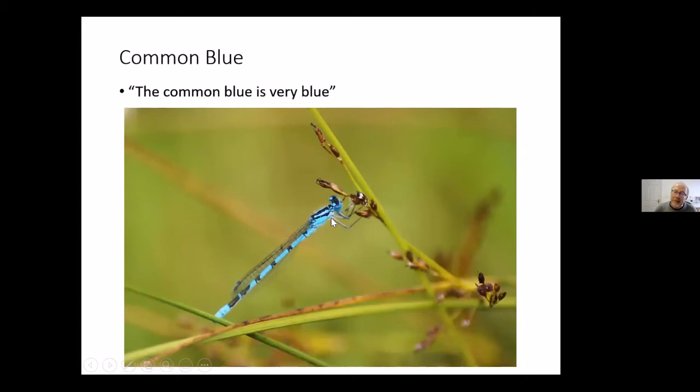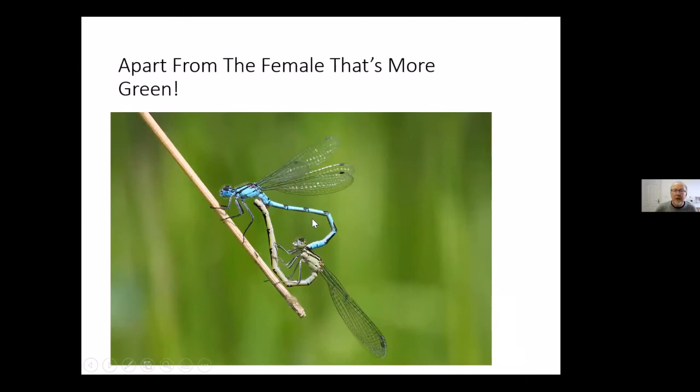You'll see it has a blue thorax on the side with a narrow black stripe across it. But this blue side is completely uninterrupted. You look at the female, completely uninterrupted coloration on the side with a narrow black line, and we can tell from the male that it's a common blue.